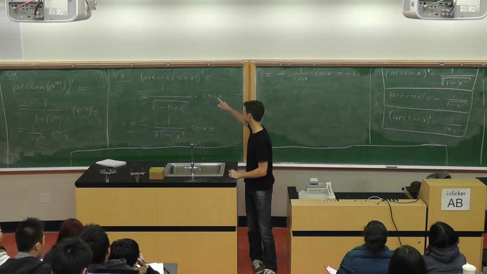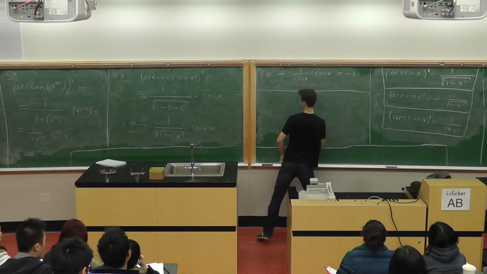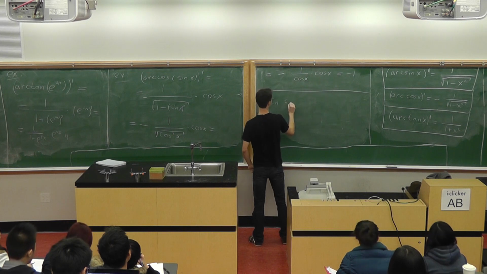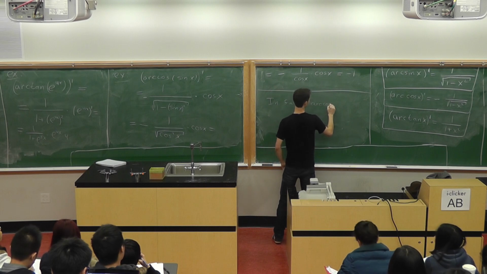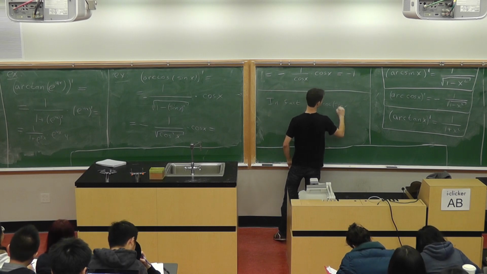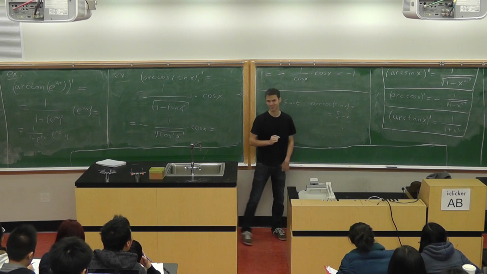Well, there is a reason why this function has such a simple derivative. In fact, arc cosine of sine of x is pi by 2 minus x.